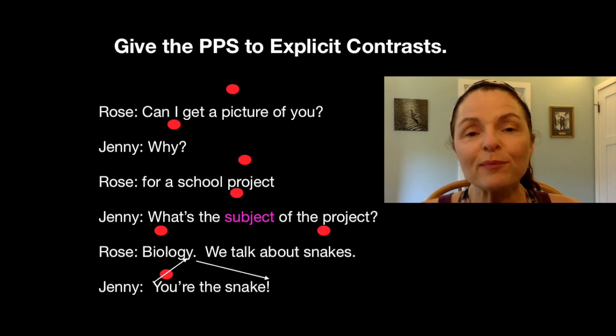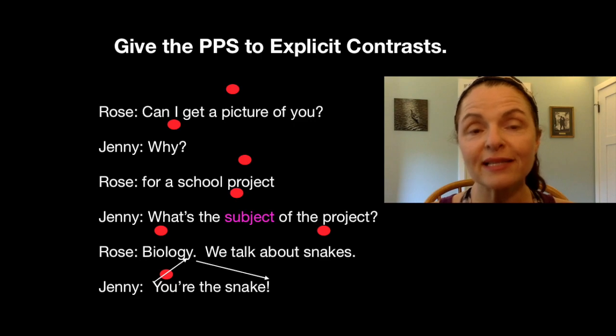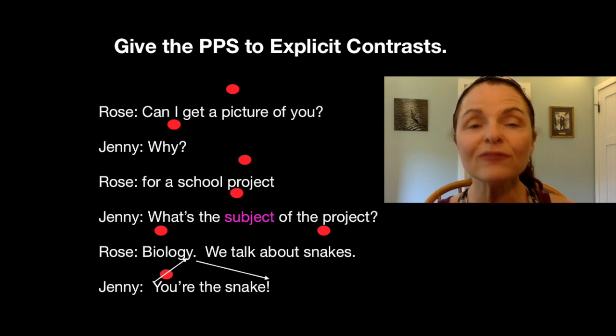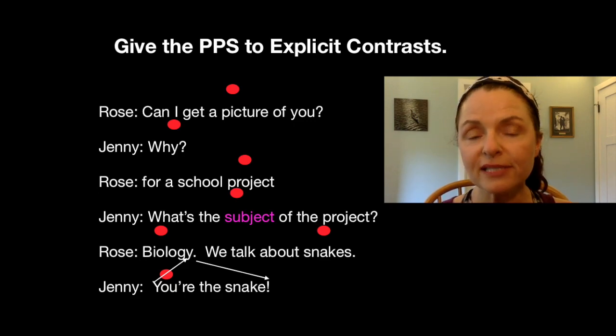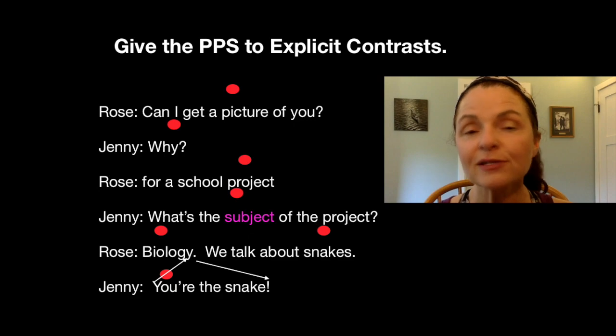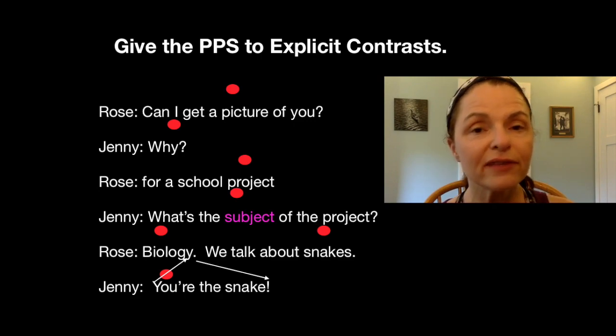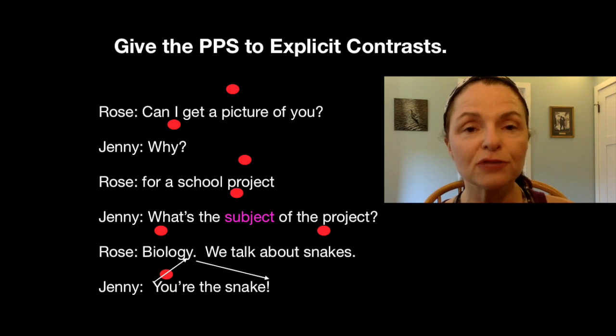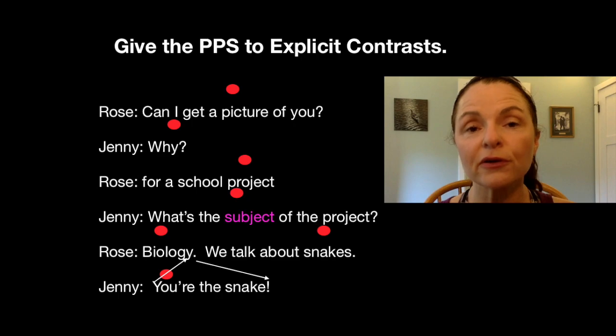Now here's an example where we're not going to stress the last content word. The last content word is not new. We've already said the word snake. And we also want to emphasize the contrast here. So sometimes if you have explicit contrasts, even if the contrast is on a function word, you're going to stress it. So here I stress you're.